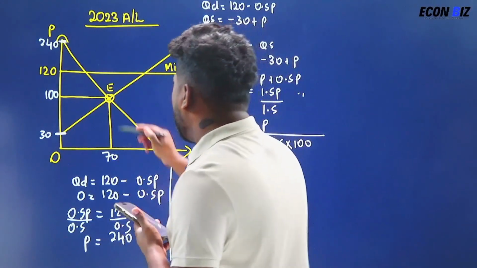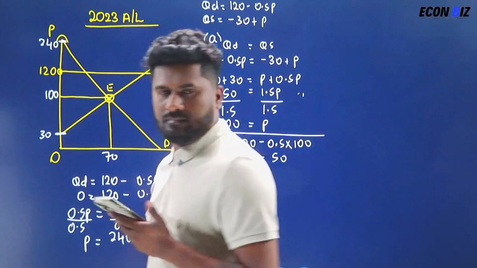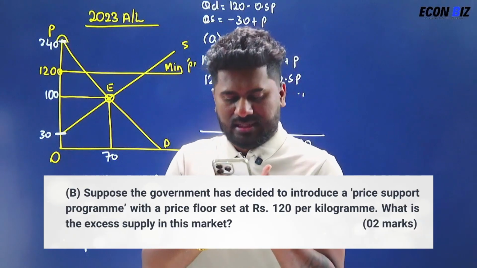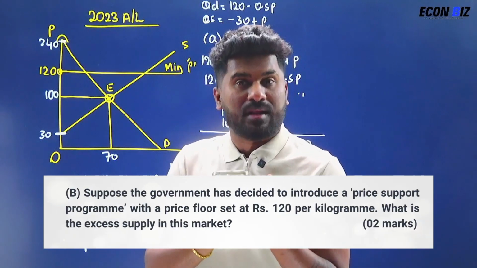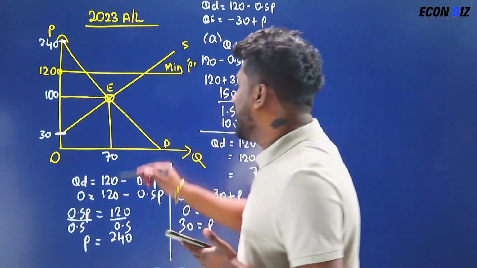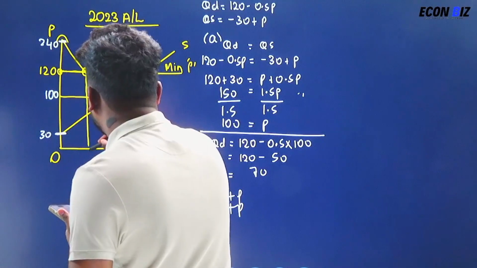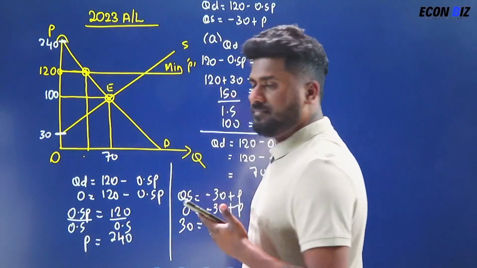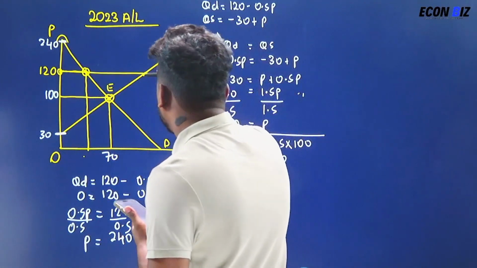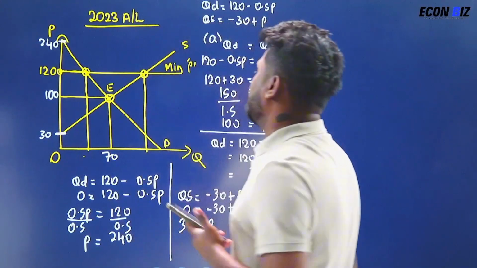Now at this 120, in part B they are asking what is the excess supply. At this 120, how much quantity are they demanding and how much are they going to supply?